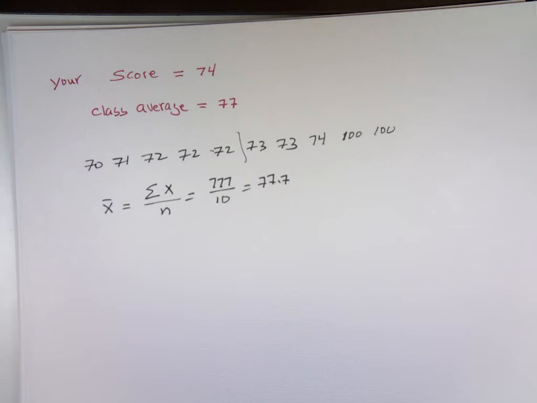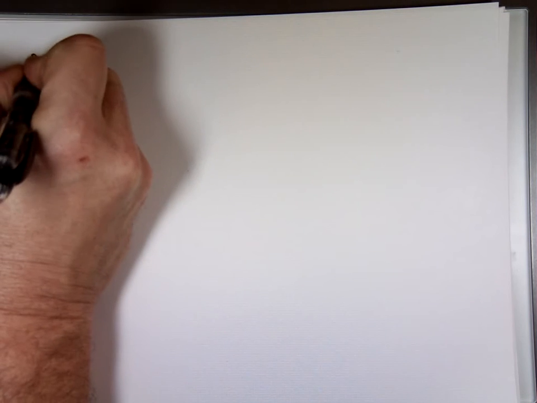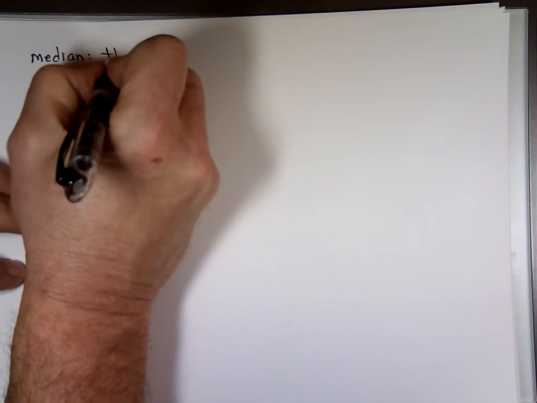Well, you need to add to that list something called the median. The median is the middle value. So let's talk about the median. So that's the mean. Let's look at the median. It's actually the middle value.